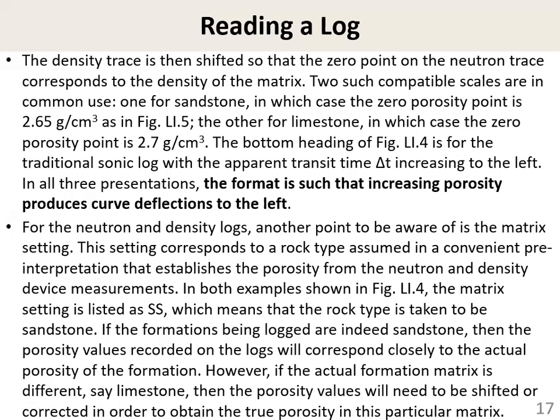I think one other thing which we need to be aware of is the matrix setting. So, of course, for this course, we'll take sandstone to be the matrix setting, but it's important to note that that is not always the case, in fact, it's not usually the case. So this setting corresponds to the rock type assumed in the conventional interpretation that establishes porosity from both the neutron and the density devices.